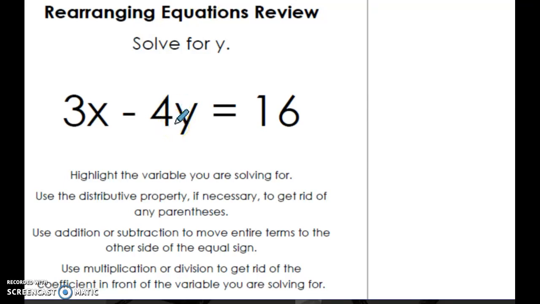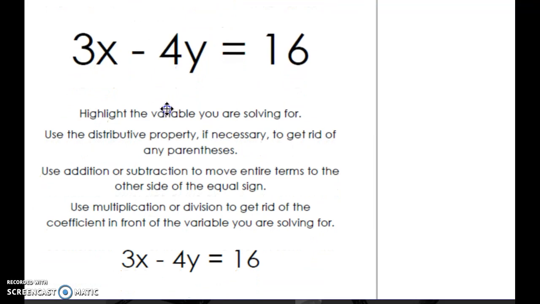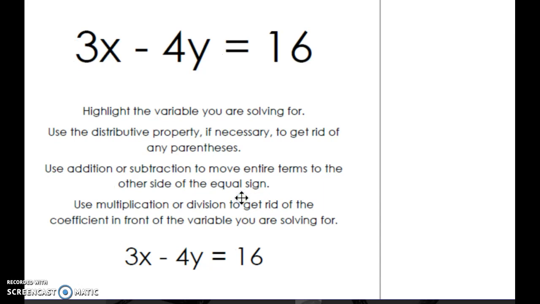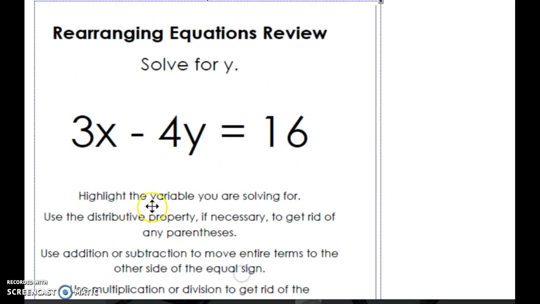Then use the distributive property if necessary to get rid of any parentheses. Add or subtract to move all of the terms to the other side, and use multiplication or division to get rid of the coefficient. So let's now look inside at some equations that are written in point slope form and change them to be solved for y. In other words, we want them to look like slope-intercept form.